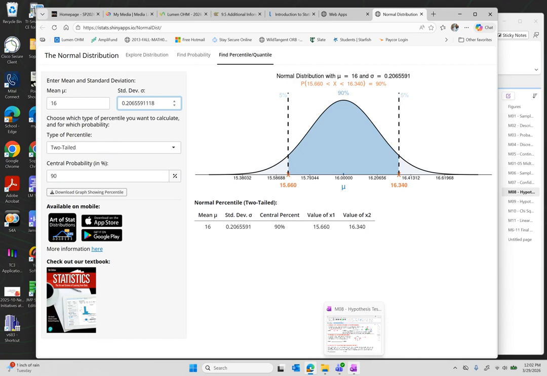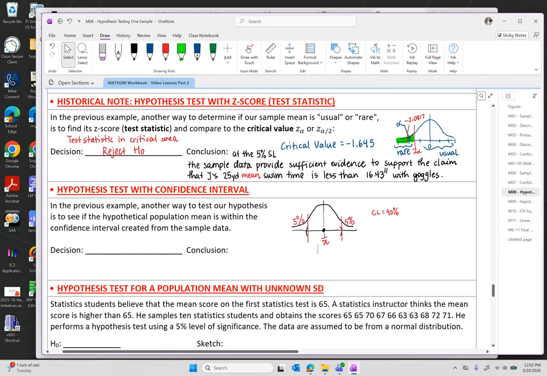So the confidence interval here will be from 15.66 seconds to 16.34 seconds.